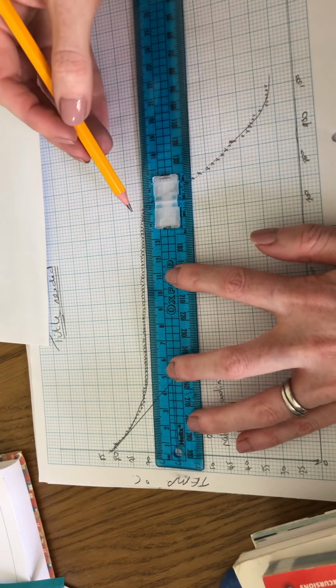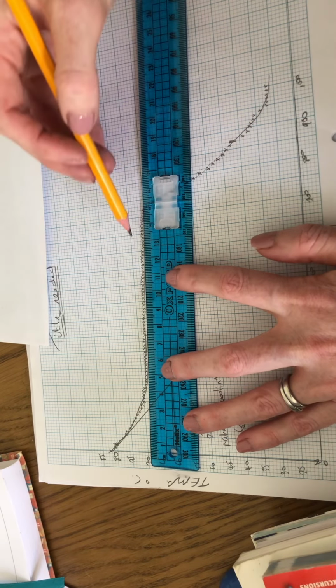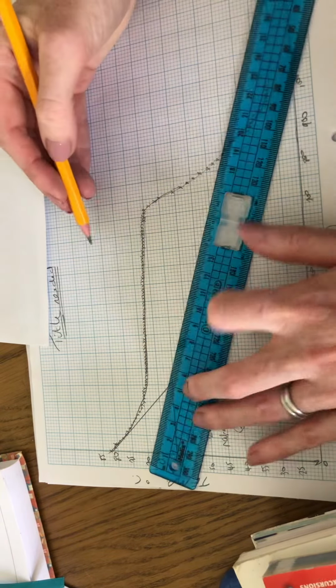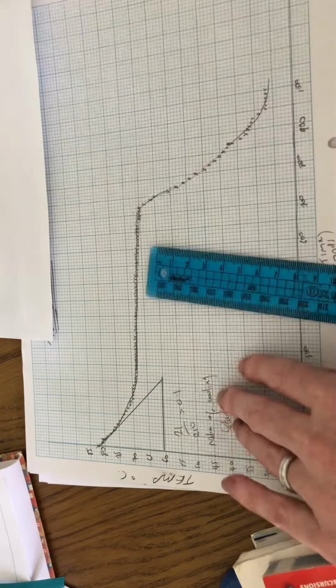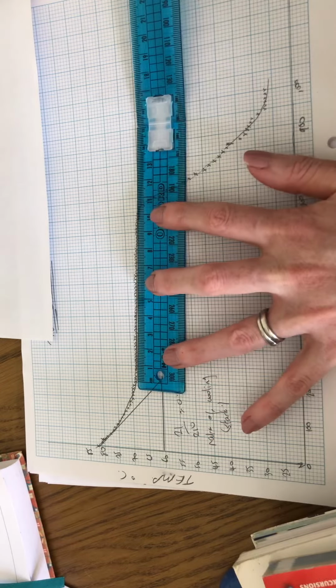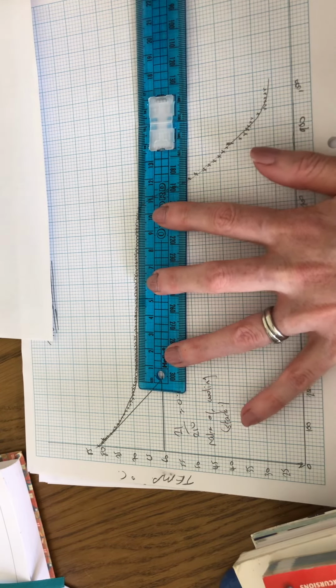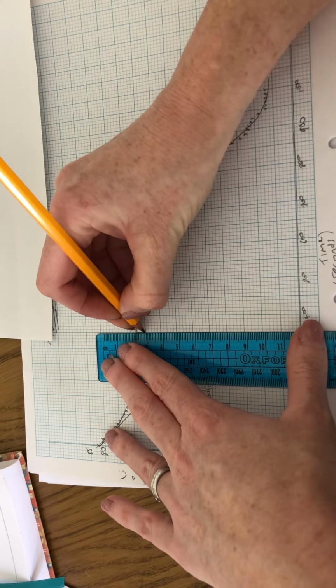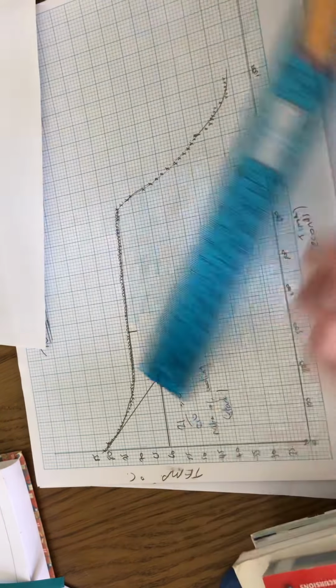So I would go for the flattest bit, which is probably, in fact I'm going to redraw that line there. If you imagine that the line is just on the line here because it's nice and smooth. And I'm just going to draw a little triangle. I'm going to do it here because it fits nicely in.